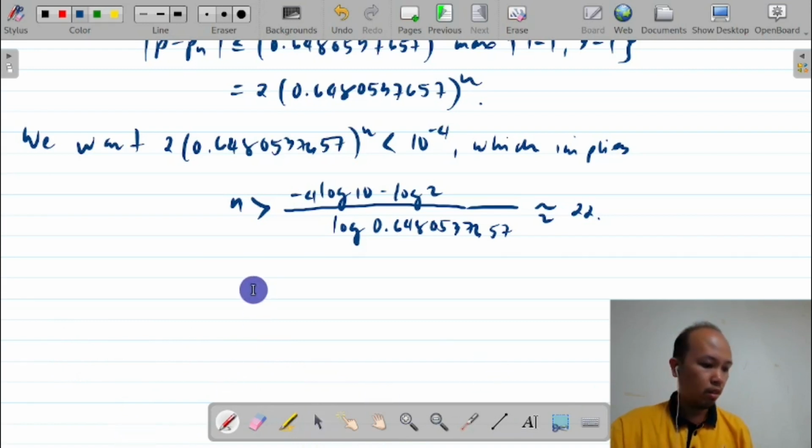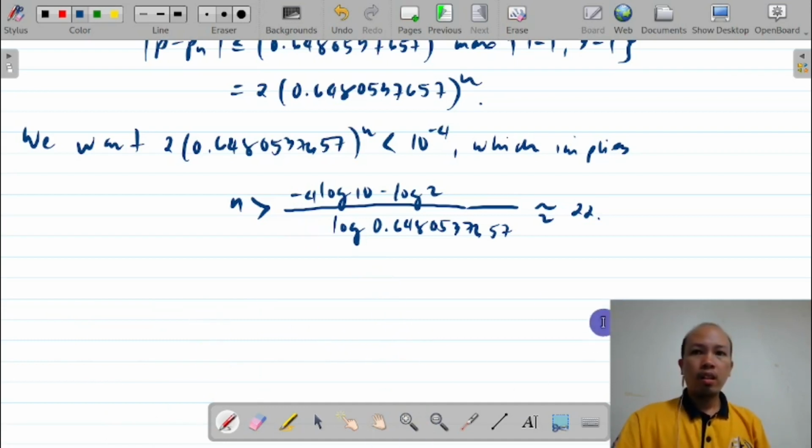minus log 2. We have 19, hit enter, and 19.63.